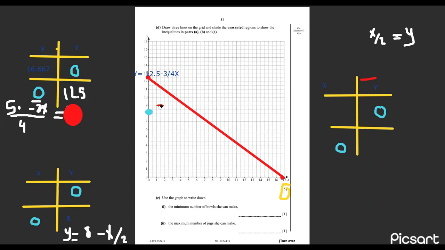And here when y equal to 0, I say 0 equal to 8 minus x over 2. So bring the x over 2 here, so x divided by 2 equal to 8. So x equals 16. Then it is 16, 0, and here is the second line. So we have to mark it here like this.